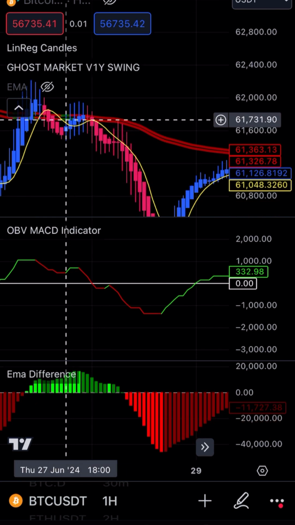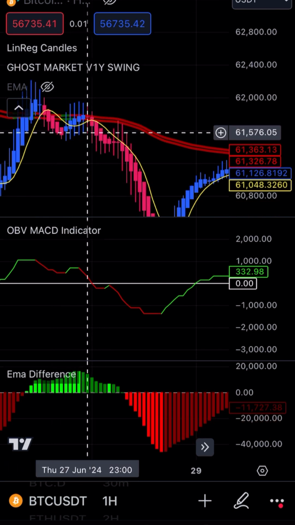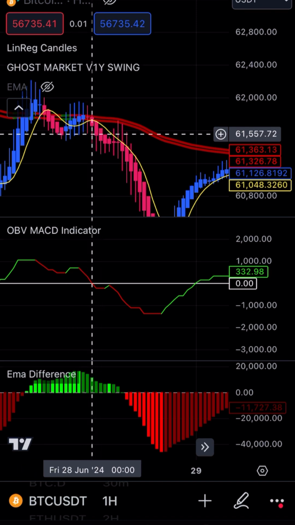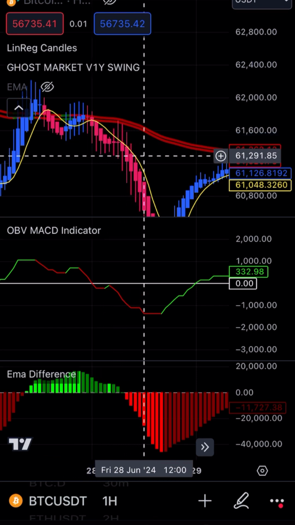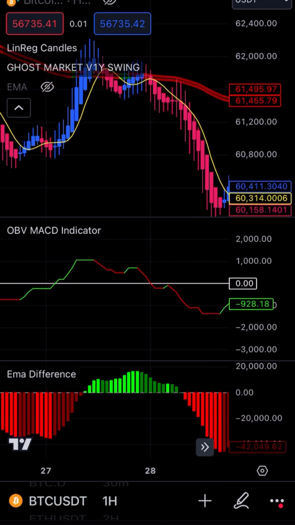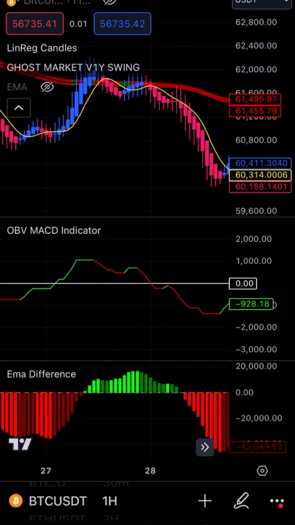Now this one is kind of tricky. It is crossing down right about here, but it doesn't completely go down till right here. You see the MACD is crossing down, and you start to see it crossing down with the EMA difference.